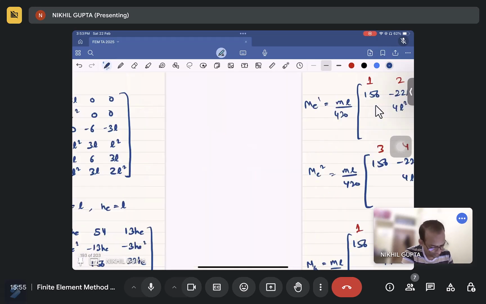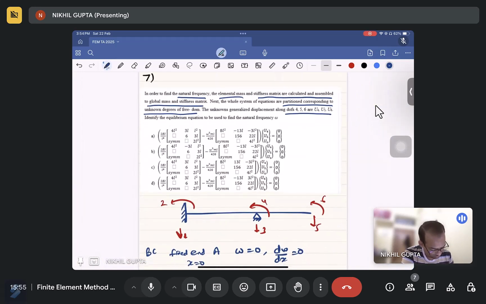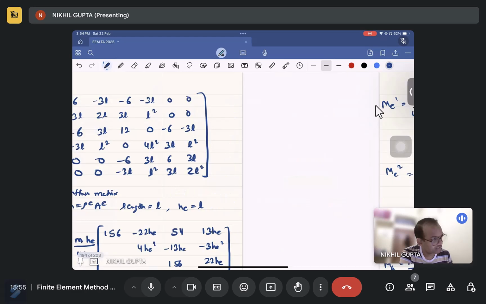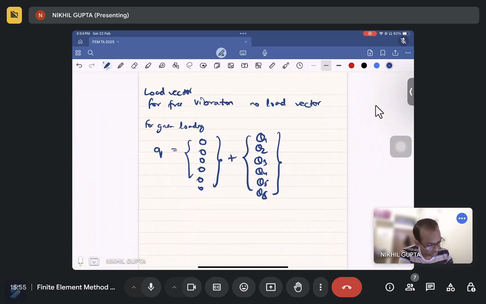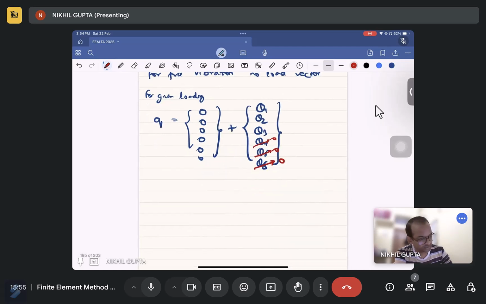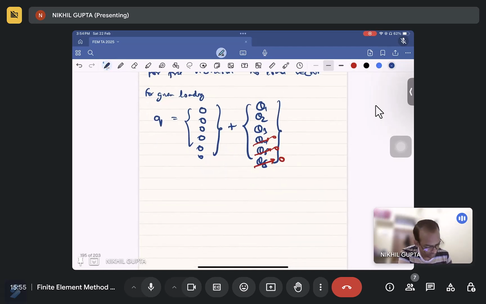So here Q1, Q2 and Q3 are the unknowns. Rest, Q4 is 0, Q5 is 0, Q6 is 0. So to solve it, we have to do K minus omega square M of U is equal to F.